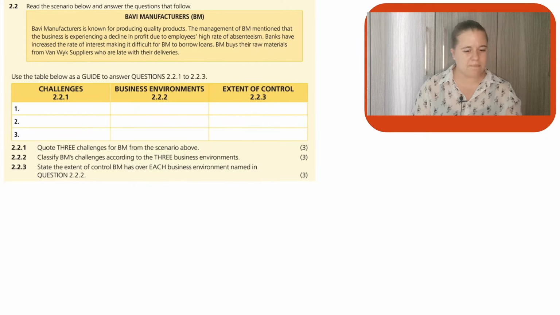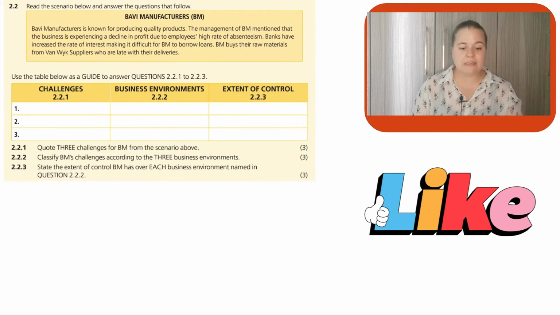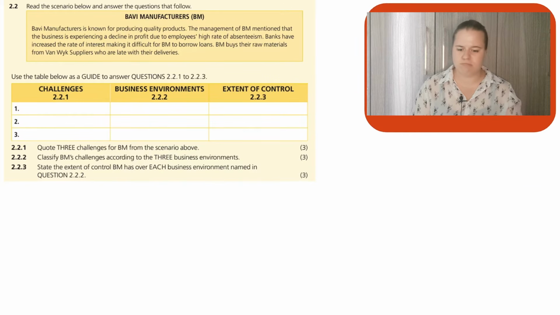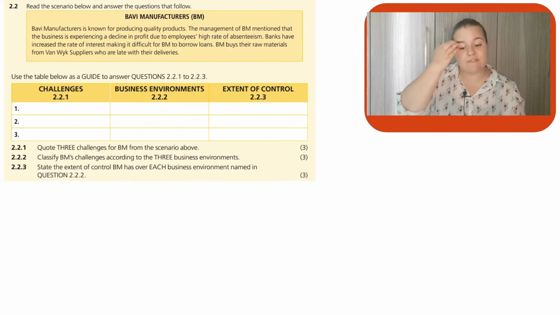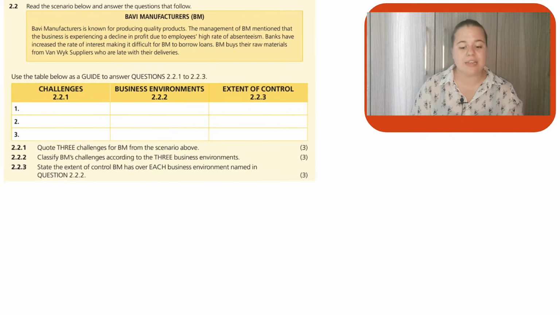Sounding a bit familiar. Maybe underline that, high rate of absenteeism. Banks have increased the rate of interest, making it difficult for BM to borrow loans. Increase of interest, underline that. BM buys their raw materials from suppliers who are late with their deliveries. Underline suppliers, late with their deliveries.